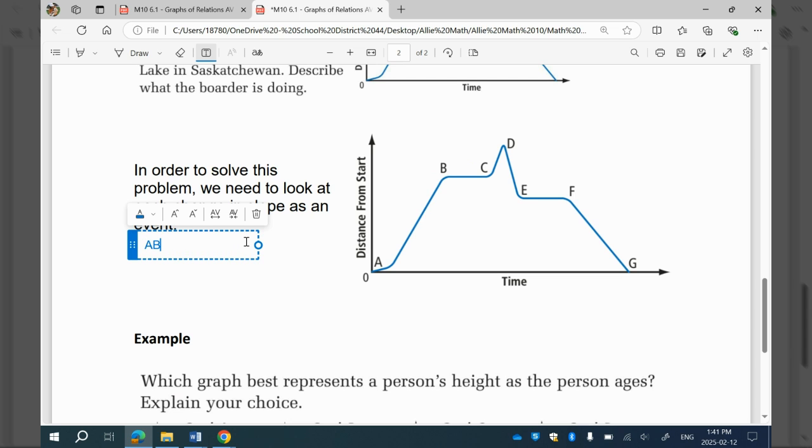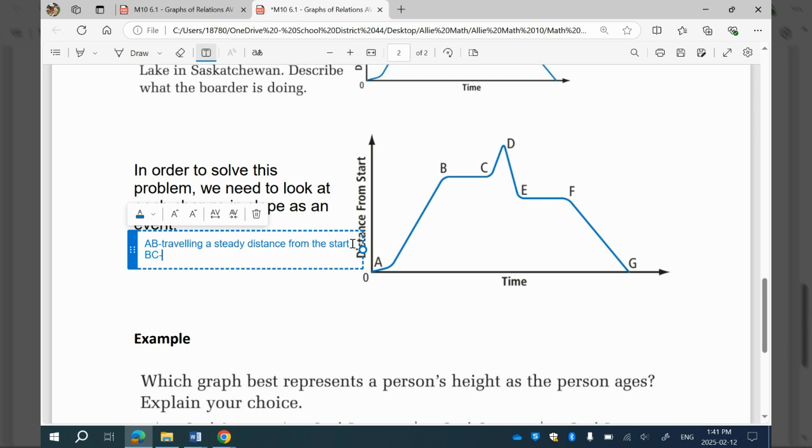wakeboarding. So from A to B, it looks like we're going a steady distance from the start. So maybe say traveling a steady distance from the start. From B to C, we're not moving any further.